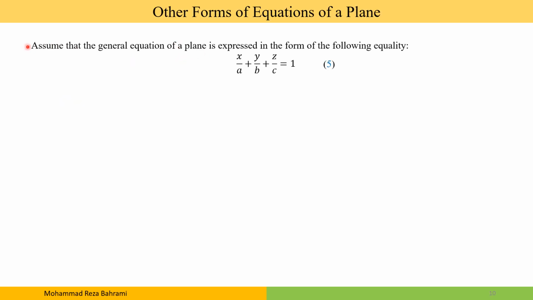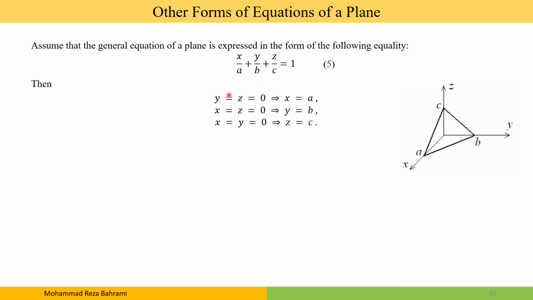For the other forms of equations of a plane, assume that we have a general equation of a plane in this format. In this case, if we simply set y and z to 0, x will be a. If we set x and z to 0, y will be b. If x and y are 0, z will be c.